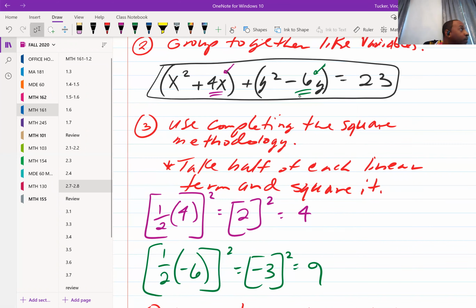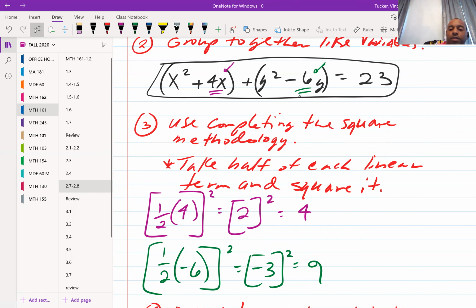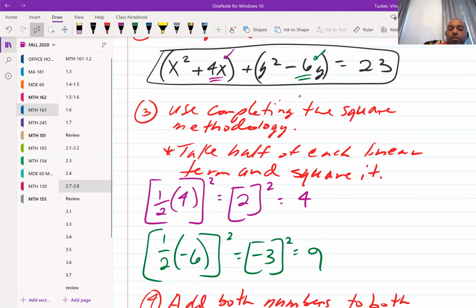So whatever's sitting in front of your x, whatever's sitting in front of your y, you're going to take half of that and square it. Going back to using our completing the square methods. Is everybody okay with step 3?